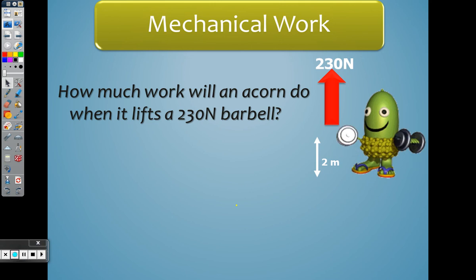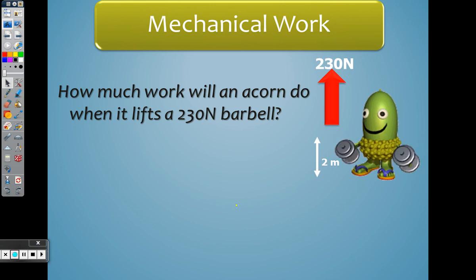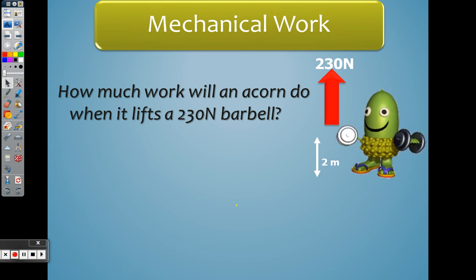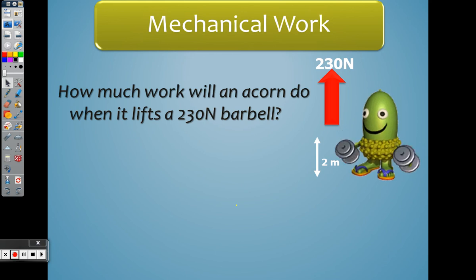So, how much work will an acorn do when it lifts a 230 Newton barbell? Write down your question, your equation, calculate. Mark has already drawn his equation triangle for work.